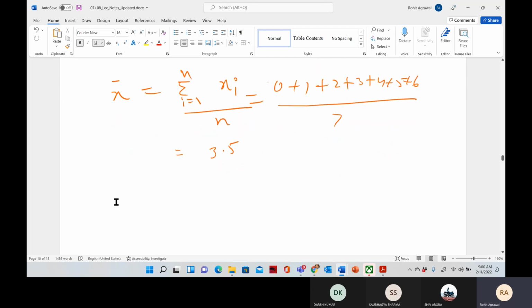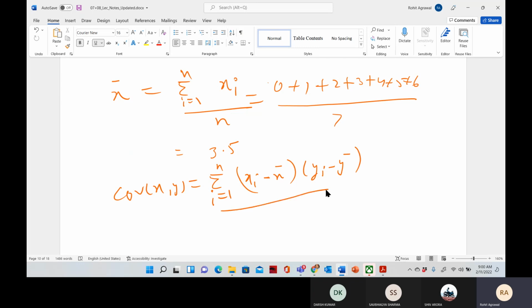Now next one is the covariance. Covariance of x comma y is equal to summation i equals 1 to n of xi minus x bar, and we also need to calculate y bar, into yi minus y bar, divided by n minus 1. So xi, yi are given, that means x1, x2, y1, y2 and so on.